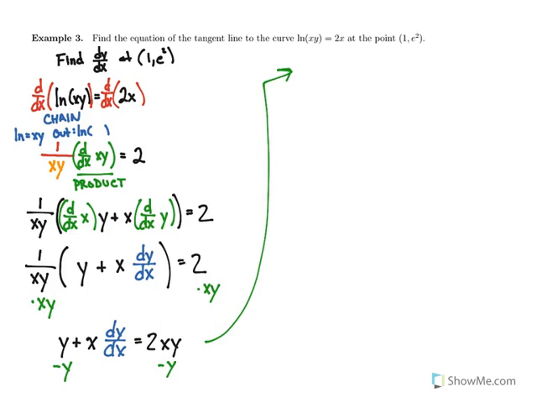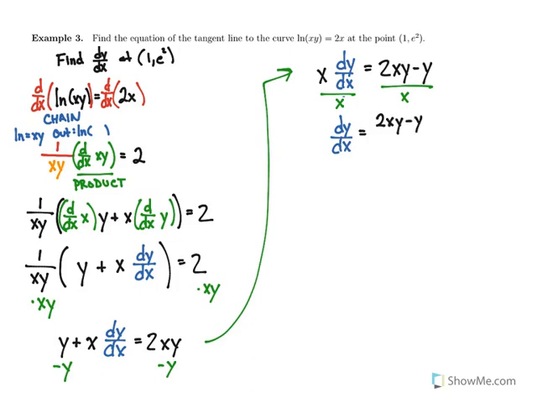That's going to give us x dy/dx equals 2xy minus y, and then we'll divide by x. And that will give us the derivative is equal to (2xy minus y) over x. All right, so that is the difficult part of this problem. Now we just need to clean it up.